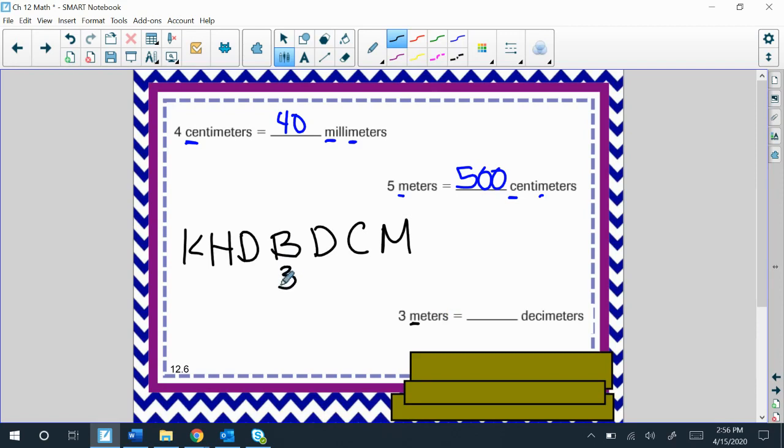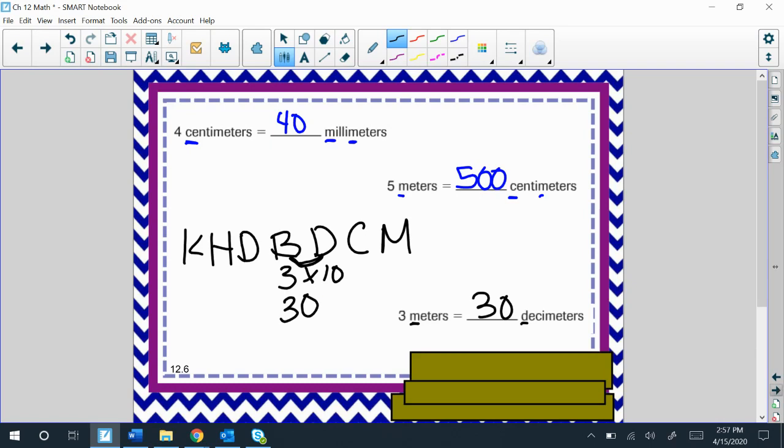I'm going to put a 3. And I am jumping to decimeter, which is the C, so I'm going to go to the smaller D. Well, 1 jump, so 3, and since I got smaller, I'm multiplying 3 times 10, or 1 jump, put 1 zero. My answer is 30.